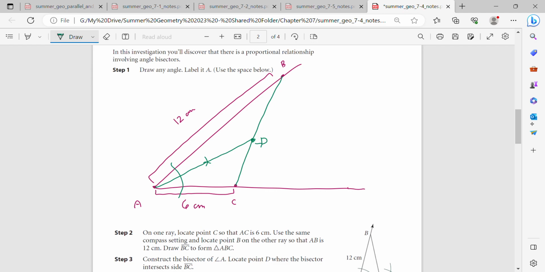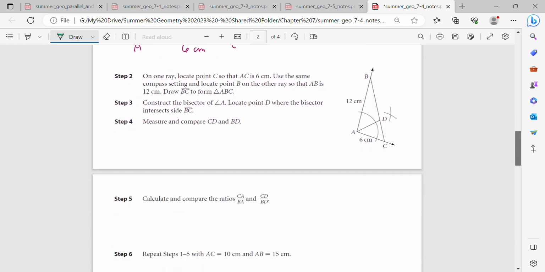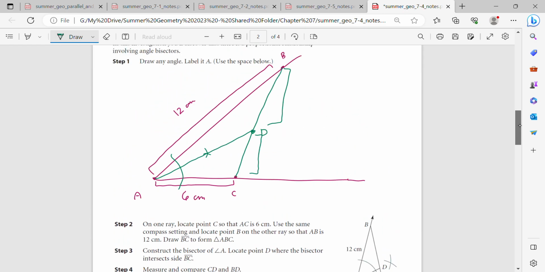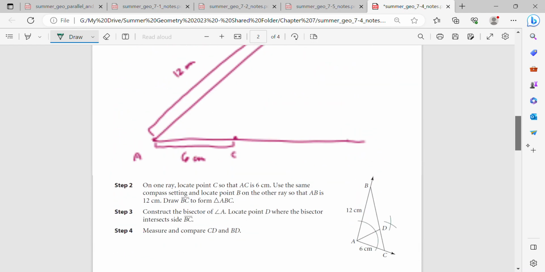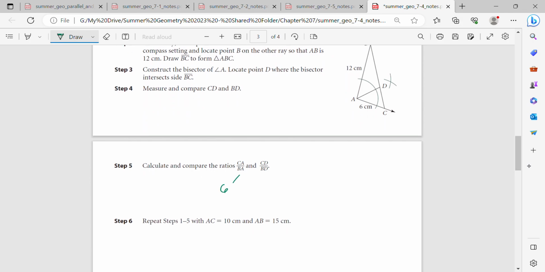So we're going to compare this piece with this piece. And then what I want you to do is write a ratio. So what is the ratio of CA to BA and CD to BD? So CA is this, which we knew was 6, and BA, which was 12. So 6 to 12 is what to what, okay?